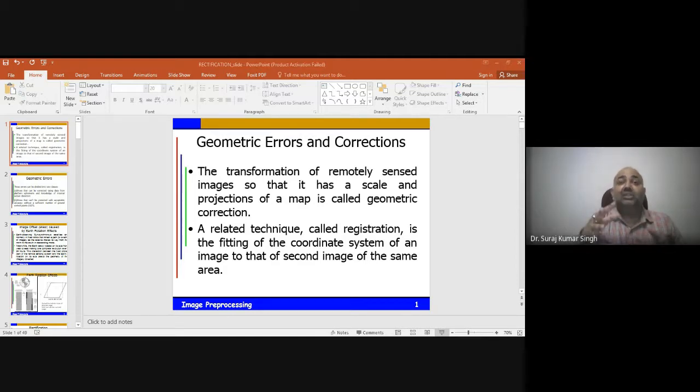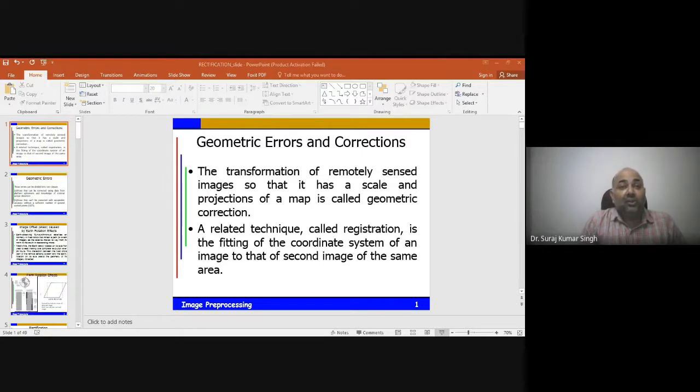In this process, the tires are replaced by various kinds of geometric and radiometric errors that are induced in your satellite image. Why is this kind of error produced, and why is it important to correct it? Because if you want to project yourself on the ground, to see yourself on the world map or Indian map, unless you have a projection system, you cannot identify where you are located.